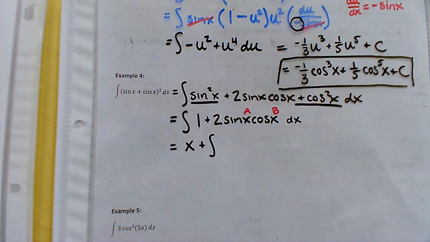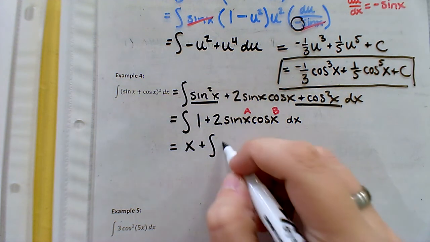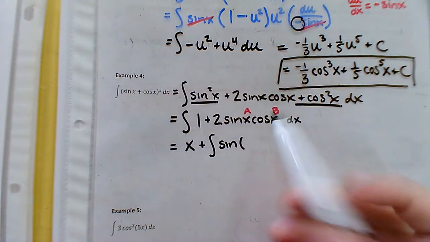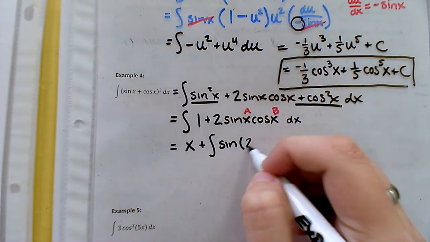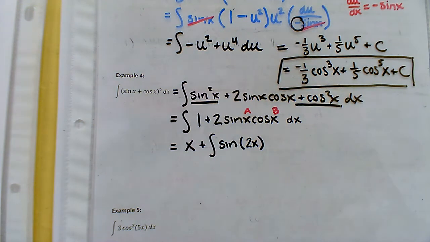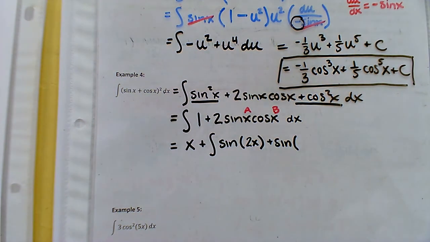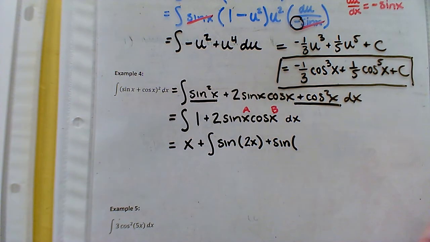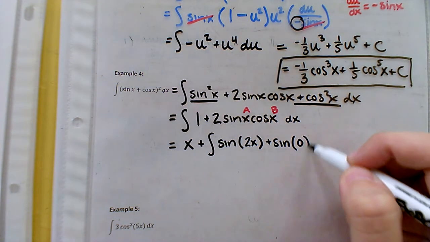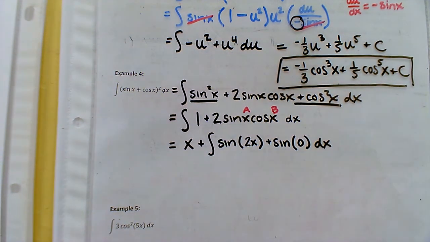Let's see. 2 sine of A cosine of B equals... In this case, we don't have to divide the 2 over because you see how it's showing up in the integral. The division's not necessary. So the identity would be sine of a plus b, or in other words, sine of x plus x, which is 2x, plus sine of a minus b, but sine of x minus x is just 0.